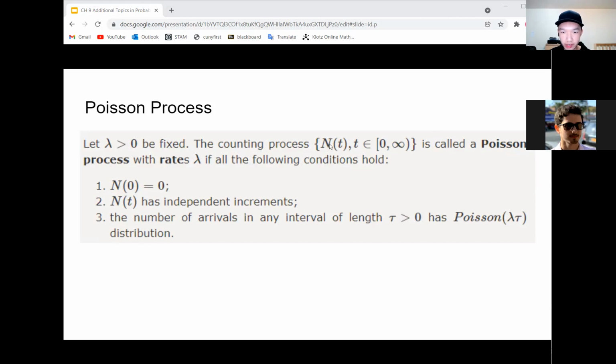So the counting process N(t), where t is some positive number or 0, is called the Poisson process with the following rate if the following conditions hold. So N(0) equals 0, N(t) has independent increments, and the number of arrivals in any interval of length t has a Poisson random variable with parameter lambda times t.